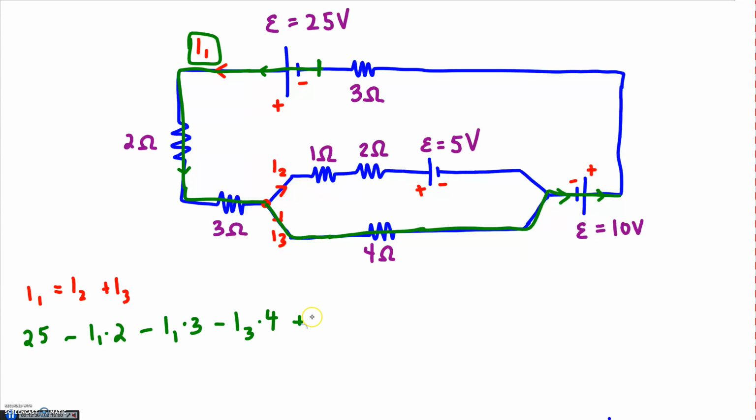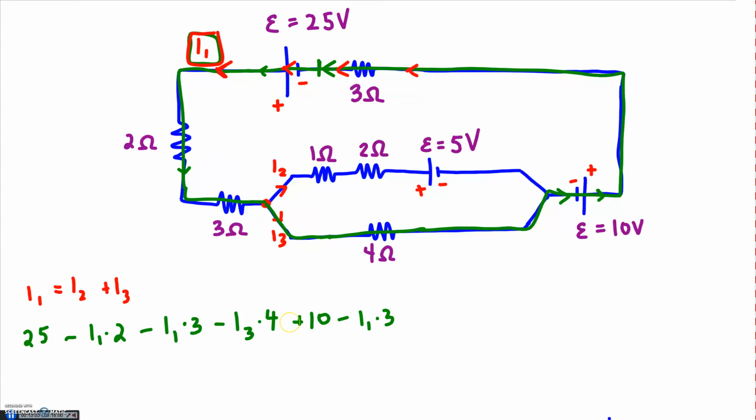That's a normal battery. We're gaining 10 volts. Normal batteries give energy to the circuit, to the charges. Then we lose energy in that 3 ohm resistor. How much do we lose? V equals IR, so we do I, which at this point is I1 again, times R. How do I know it's I1? Well, because the current here keeps going, and bam, it becomes I1.